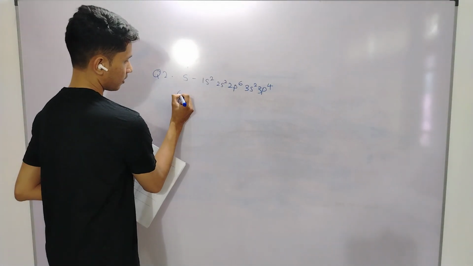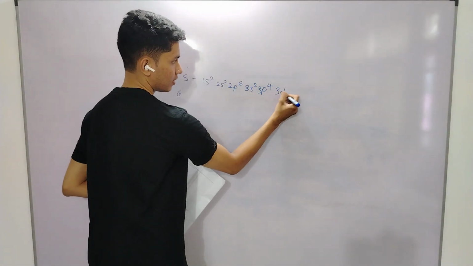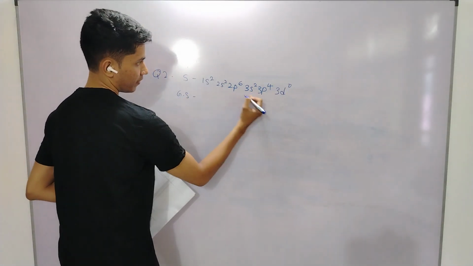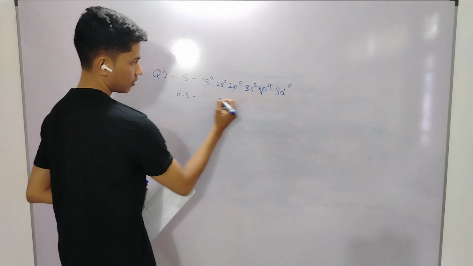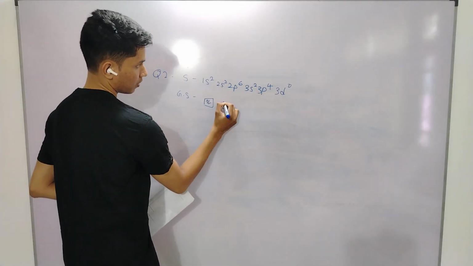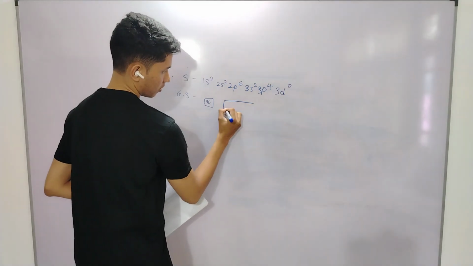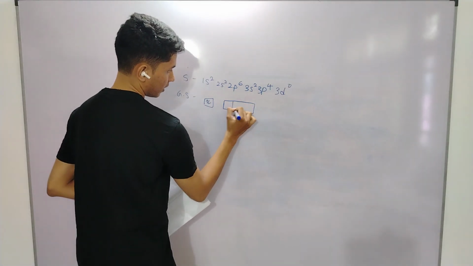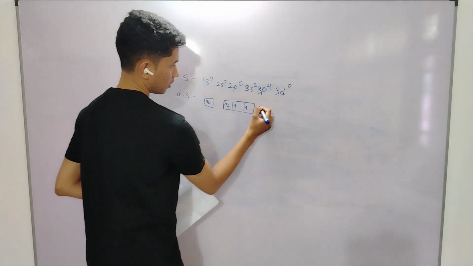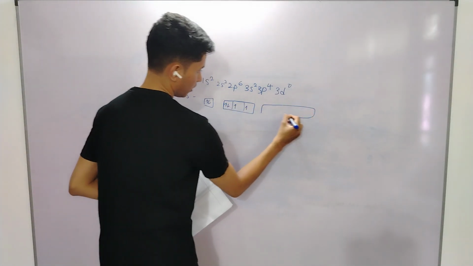So at ground state, and we know that it has 3d0. We usually draw these orbitals: 3s2, 3p4, 1, 2, 3, 4, and 3d0.